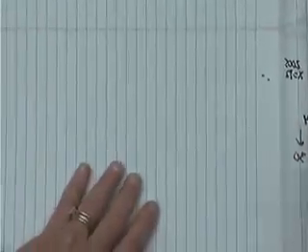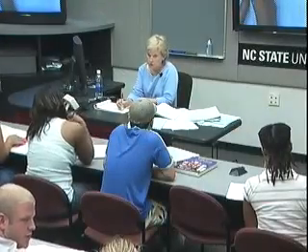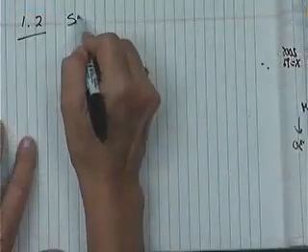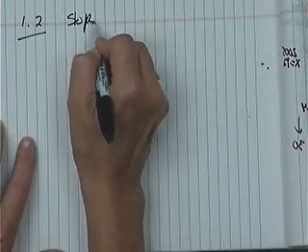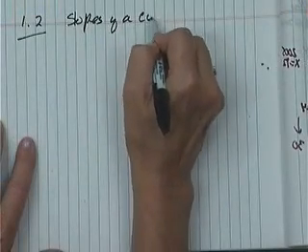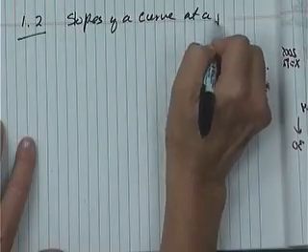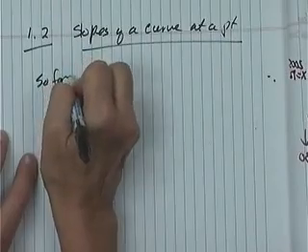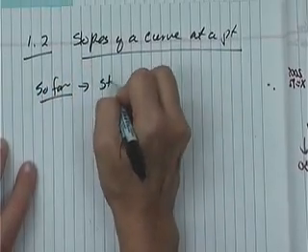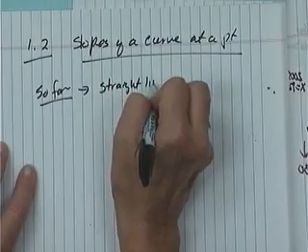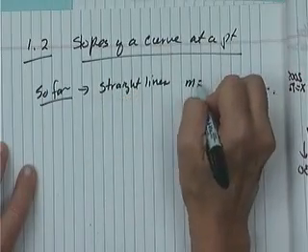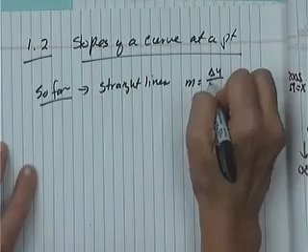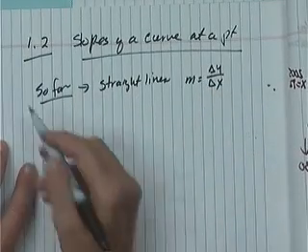Okay, I want to give you some insight where we're going to start next time, and if you hear a little bit today, it makes it easier next time. All right, section 1.2, we have slopes of a curve at a point. All right, so far, all you've ever worked with are straight lines. And you know the slope is the change in y's over the change in x's.